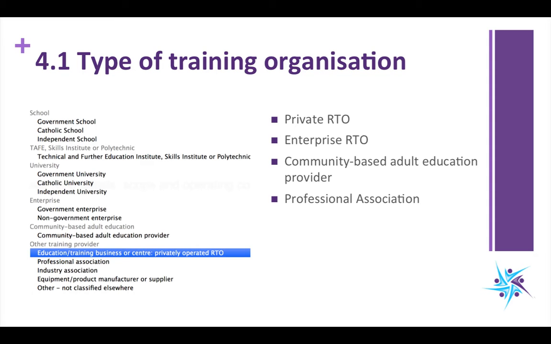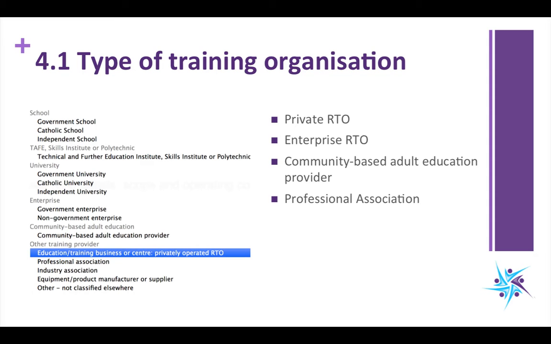If you are going to be an enterprise RTO, this is going to minimise a whole heap of risk because enterprise RTOs don't need to comply with all of the financial viability information, so mainly the fees, so refund policies, fees that you've got to declare to the students, because you're not going to be charging any fees to your students because they're all staff.